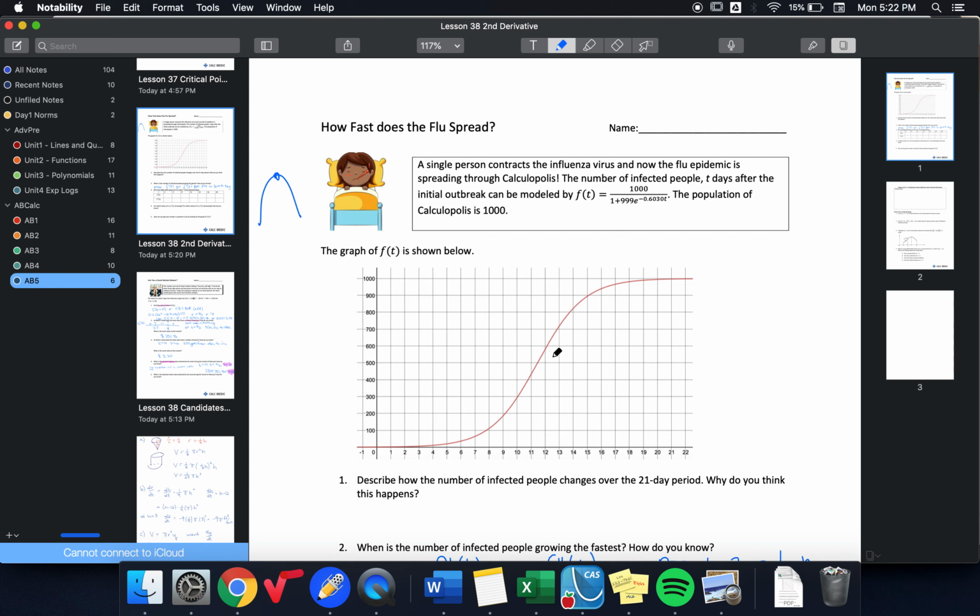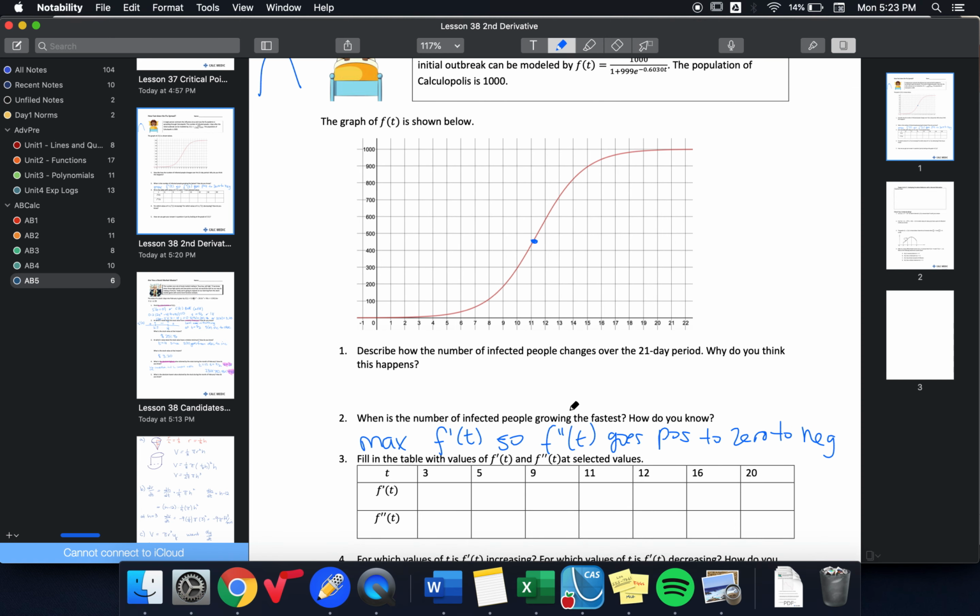So I know at this point, my 11.54 is where the second derivative was 0. So this is the greatest value of my first derivative. So coming back to what we were looking for, we want our second derivative value to be 0, and then hopefully my second derivative is going from positive to negative.